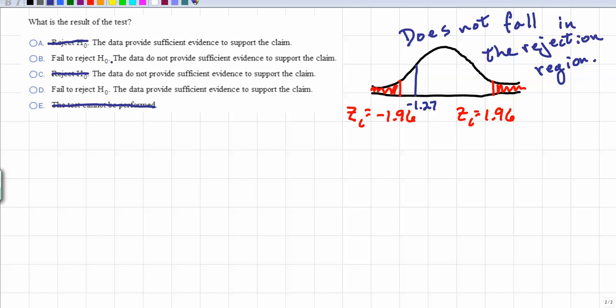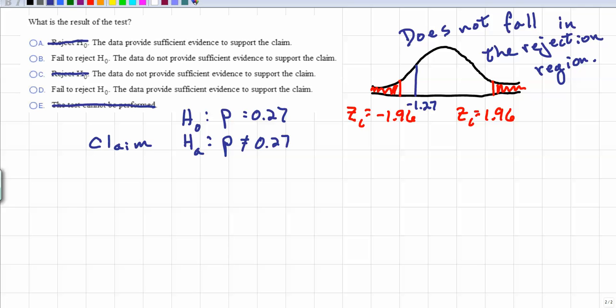Fail to reject the null hypothesis. The data do not provide sufficient evidence to support the claim. Or fail to reject the null hypothesis. The data provide sufficient evidence to support the claim. Now remember, the claim given originally was the alternative hypothesis, and that was that P was not equal to 0.27, which means that the null hypothesis is P is equal to 0.27.